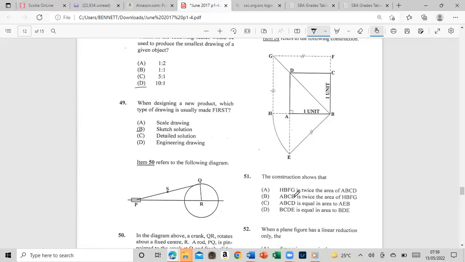Or ABCD is twice, no? BCDE, all the way down here, is equal to the area of BDE. No, so it's definitely E.